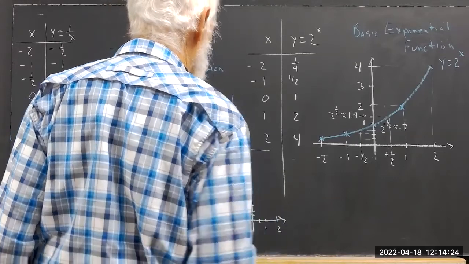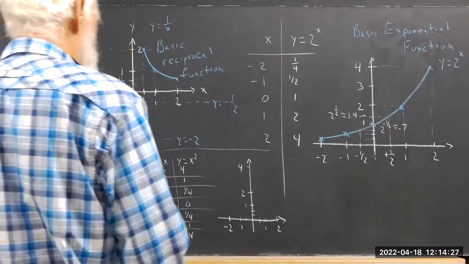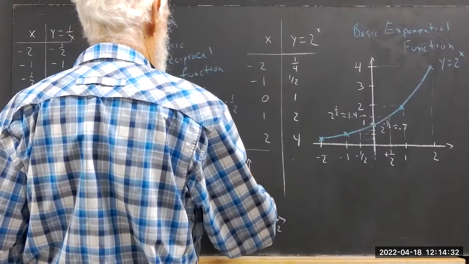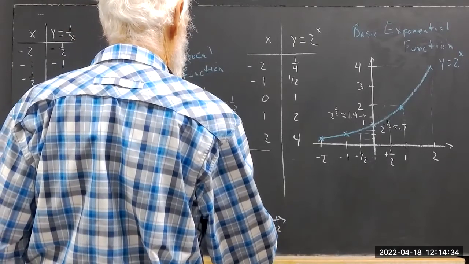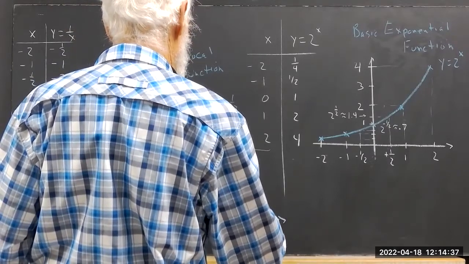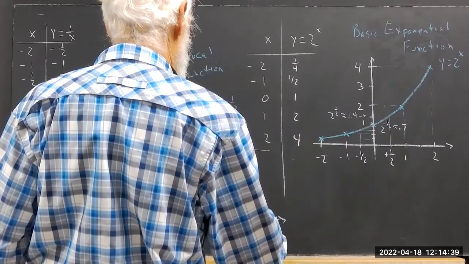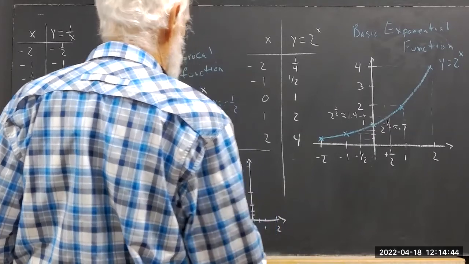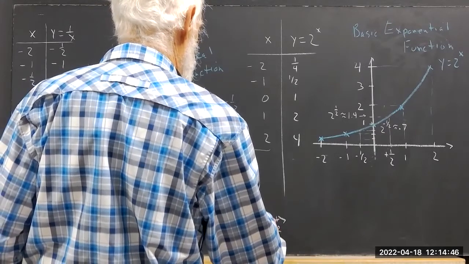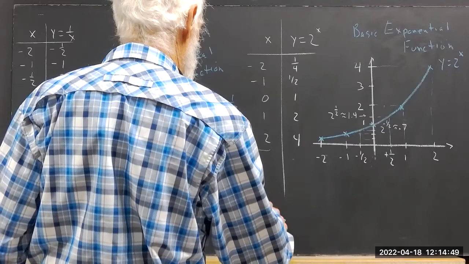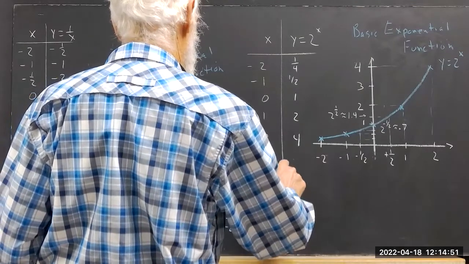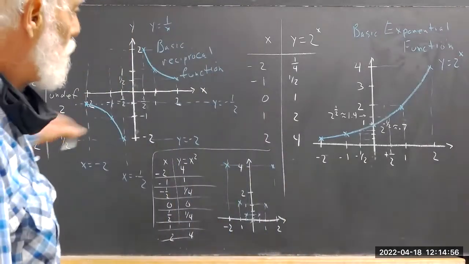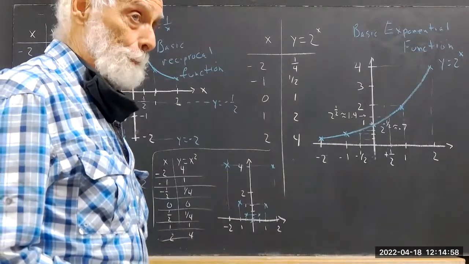basic exponential function, but the shape's going to be very different because -2 gives us a point here. -1 gives us a point here. -1/2 gives us a point way down here. And 0 gives us this point. And then we get 1/2, 1/4, and 1, 1, and 2, 4. I didn't give you time to do that, but if you can do these, you could certainly do this. Okay?